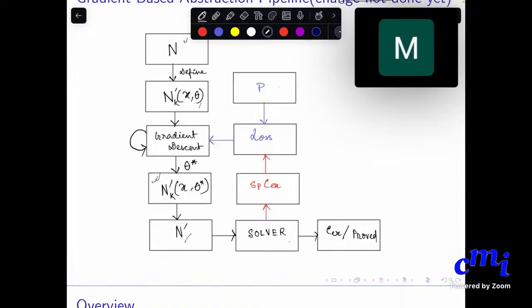So either it can come up with a real counter example, or the property is proved, or it comes up with a spurious counter example, and then the spurious counter example will be added to the set of the inputs we have fed to come up with this optimal theta star. I will explain this in more detail as I go forward.